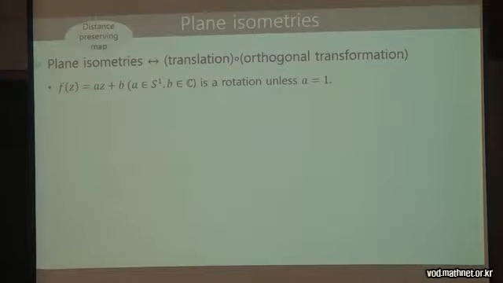If you use a complex coordinate, you can write it as az plus b. Adding b is the translation part, and a times z is the orthogonal transformation. And this is a rotation unless a is 1.